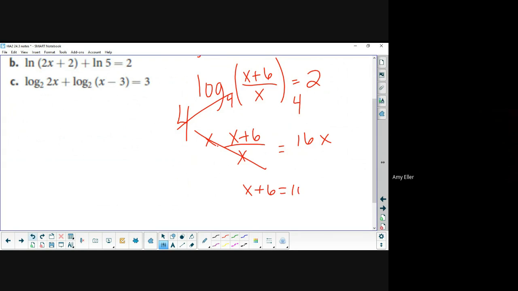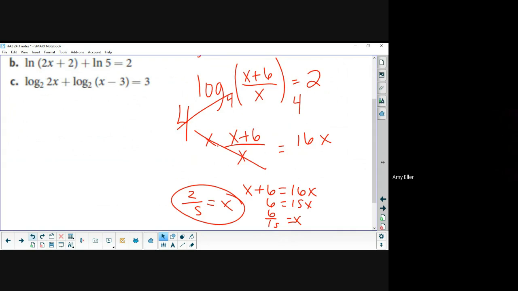It's exactly the same concept. Oops, I shouldn't circle that because it can be simplified. Divide by 3, 2/5. So it takes a little bit more time.